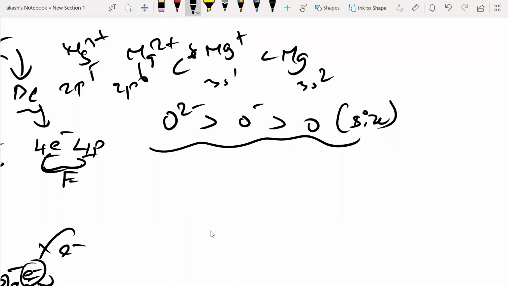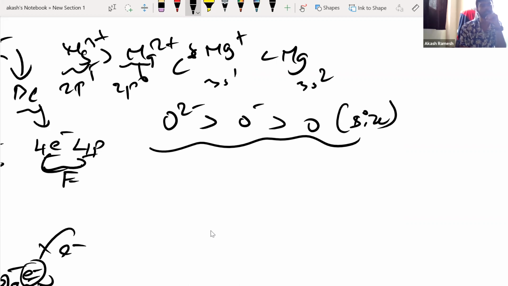Sir, the ionization enthalpy of Mg3 plus should be greater than Mg2 plus, right? Absolutely. Sir, but then you told that ionization enthalpy will always increase. Correct. Ionization energy of Mg3 plus will be more than that of Mg2 plus.